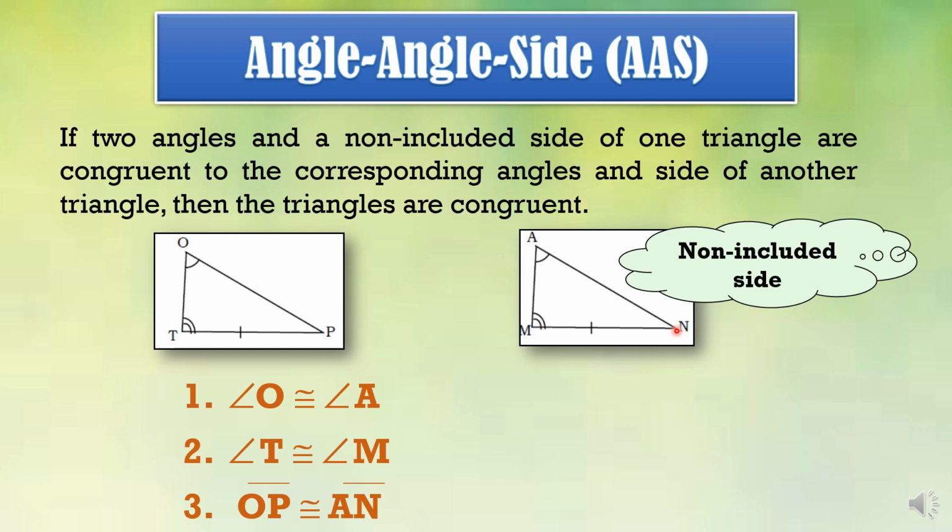As you can see, line segment OP is the non-included side between angle O and angle T. Same with triangle MAN, line segment AN is the non-included side between angle A and angle M.